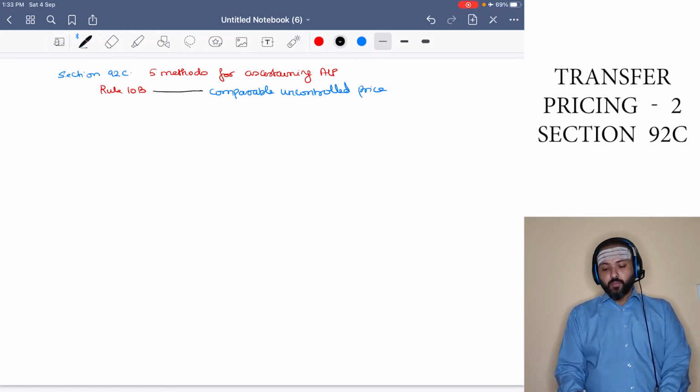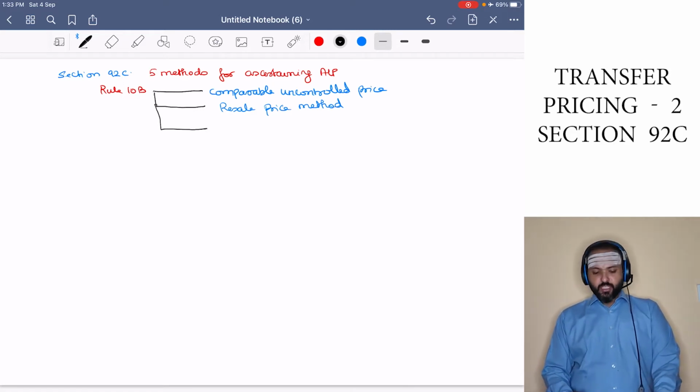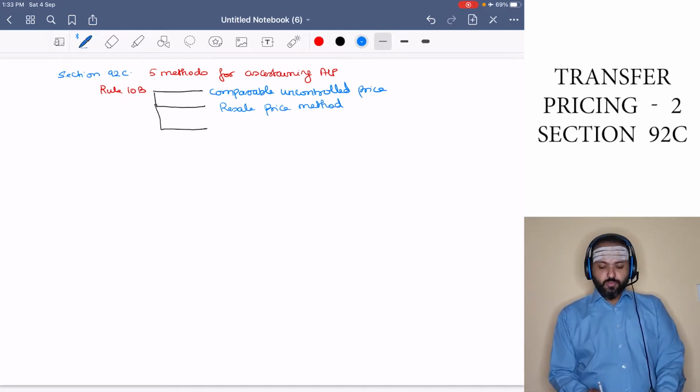Then Rule 10B gives us the second method, which is going to be the resale price method. Then the third method that is given by this particular rule is the cost plus method.